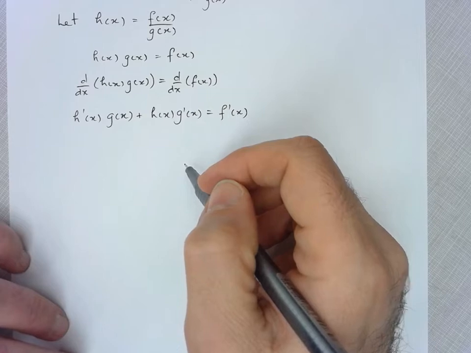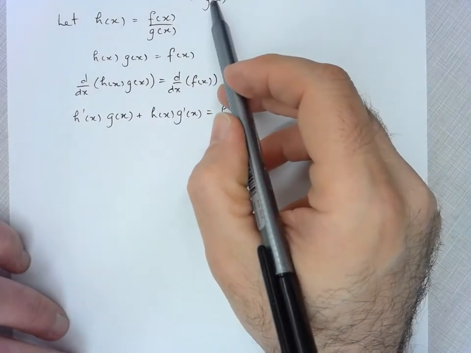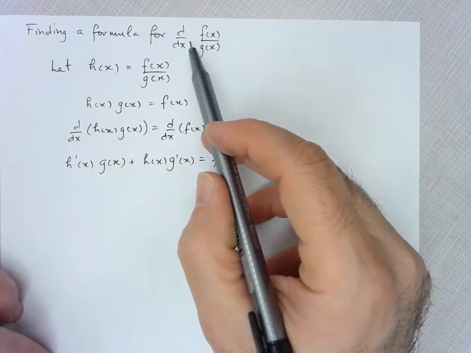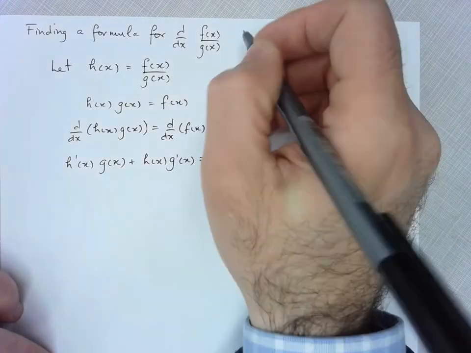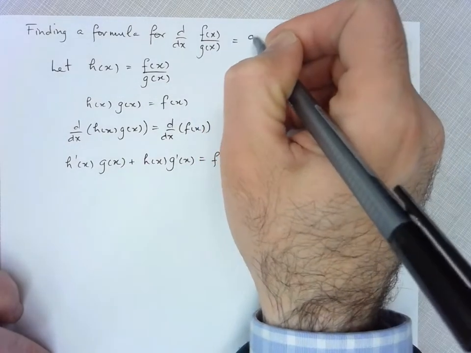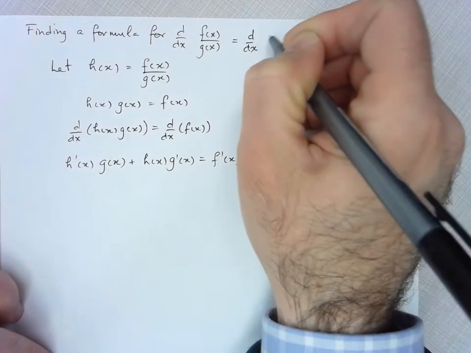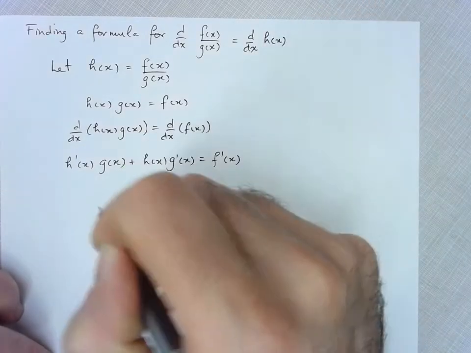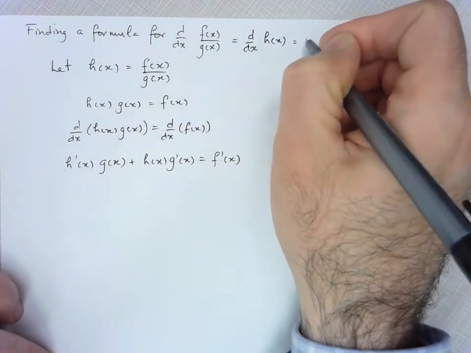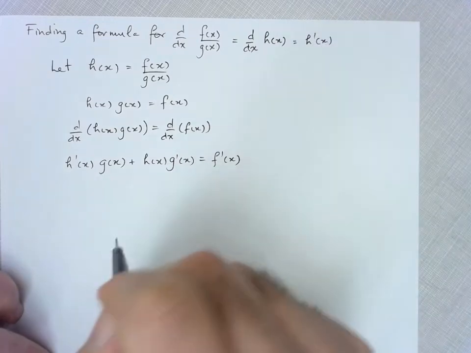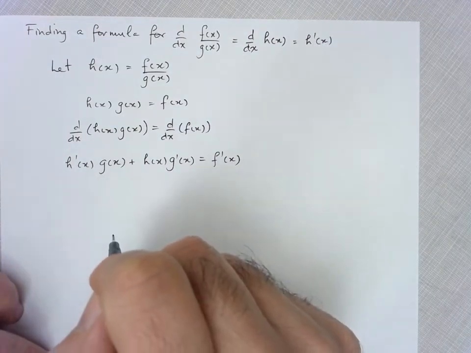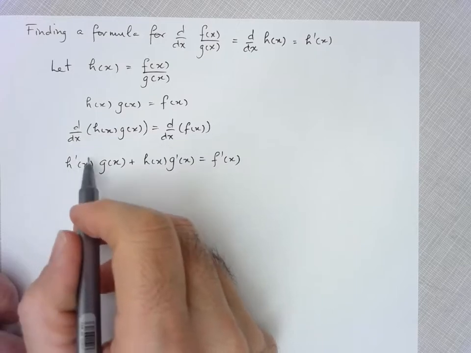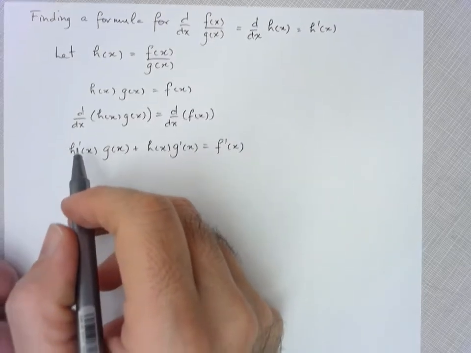Now let's see how this equation can be useful. Let's remember what we're trying to determine: the derivative of f of x over g of x. But remember that we defined f of x over g of x as being equal to this new function h, and of course this derivative can be written as h prime at x. So essentially we want to isolate this expression in my equation.